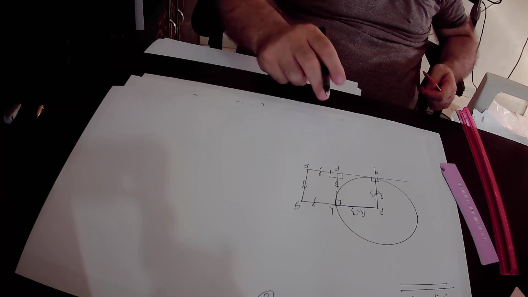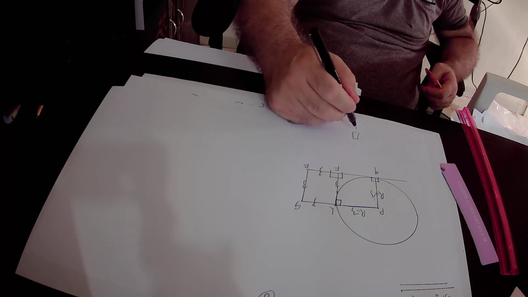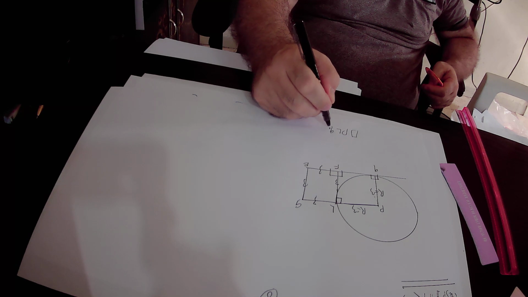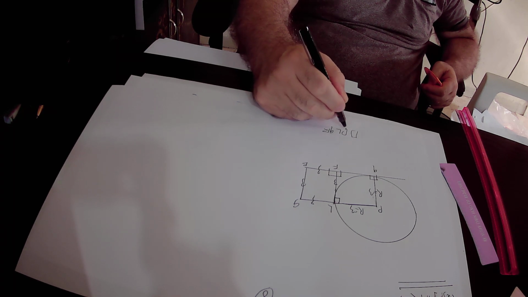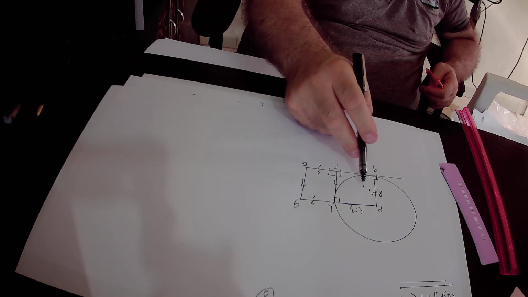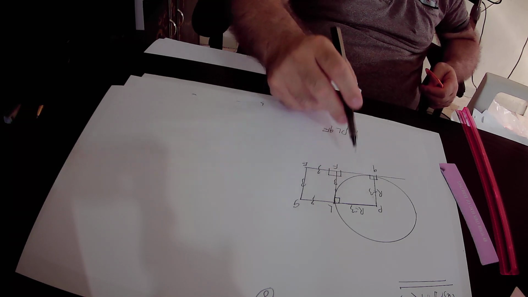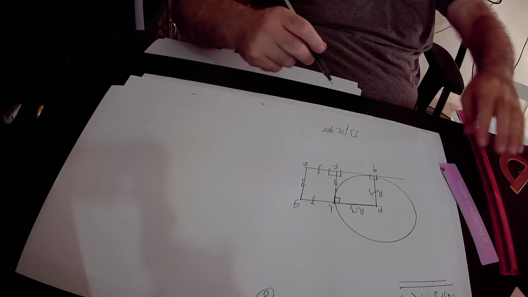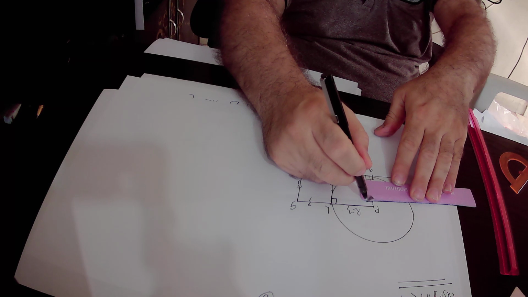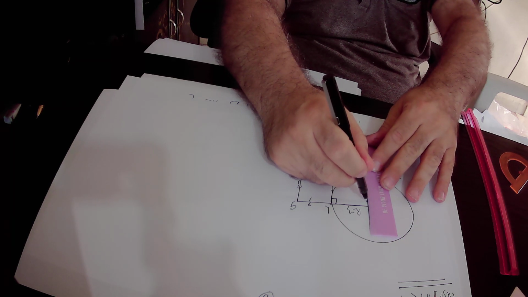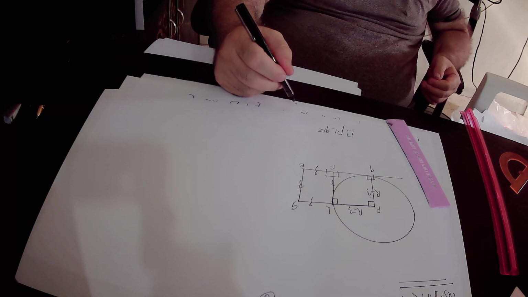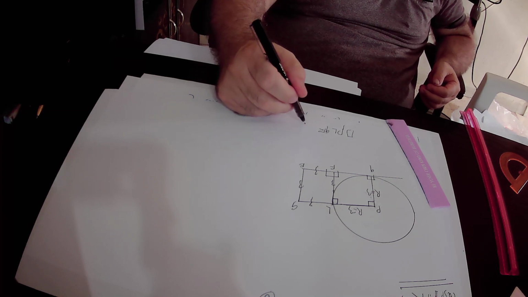So actually inside quadrilateral PLQF we have 1, 2, 3 right angles. I'll repeat again, inside this quadrilateral we have 1, 2, 3 right angles. Therefore the fourth angle must be also equal to 90 degrees. So actually inside quadrilateral PLQF we have 4 right angles. Therefore quadrilateral PLQF is a rectangle.